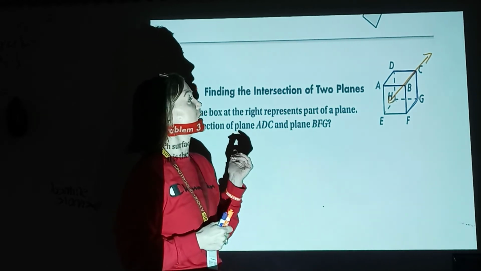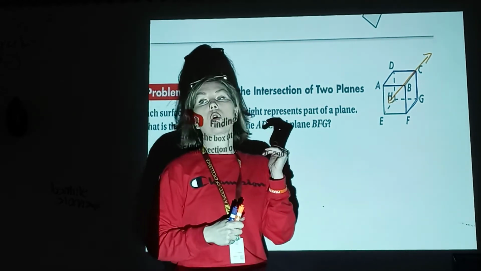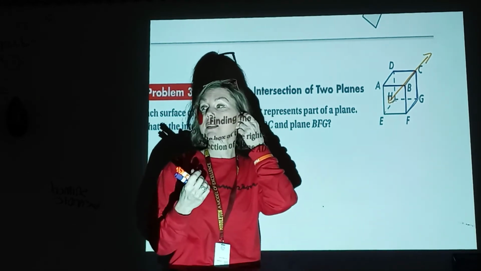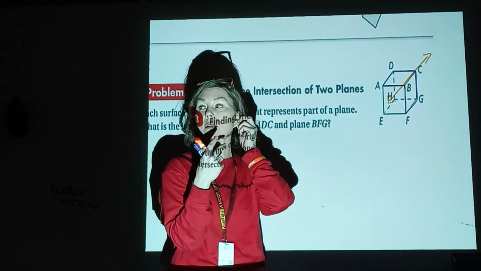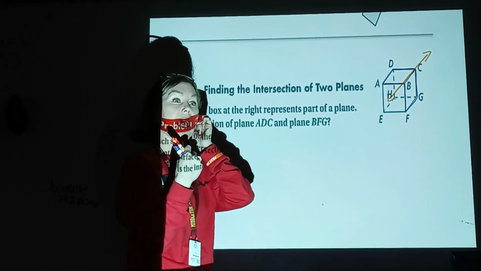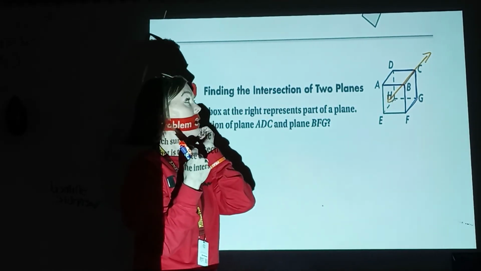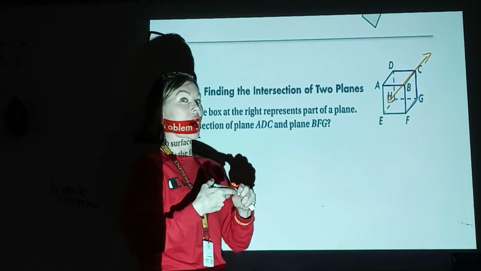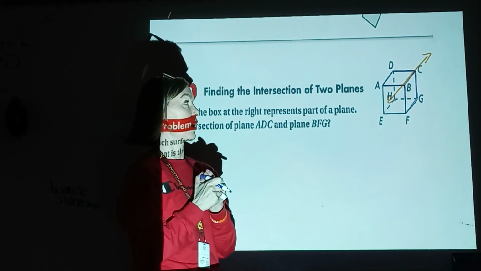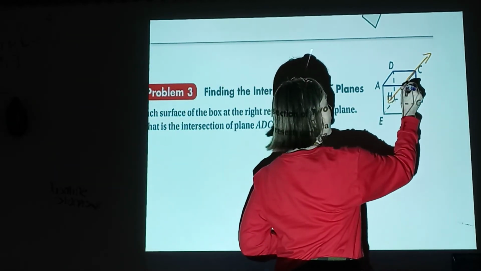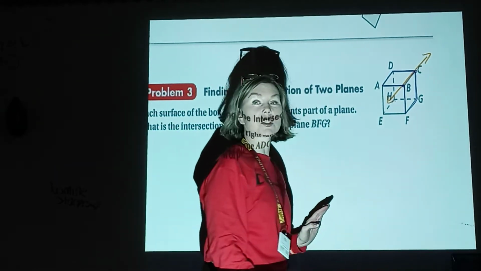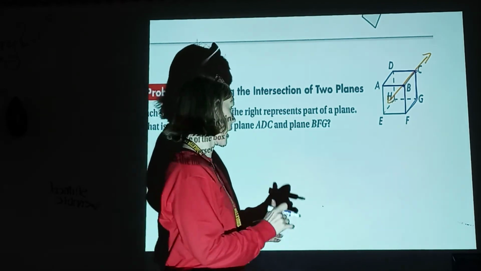Can anyone tell me the two common points that both of those planes have in common? The 2 points that they share? Yes, B and C. Those are the 2 points that they share.